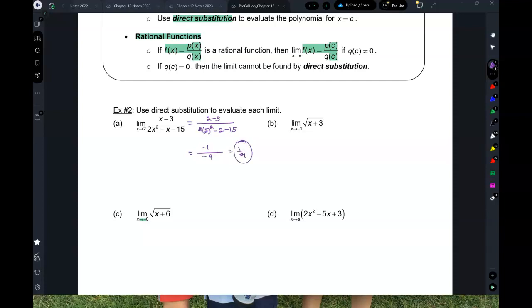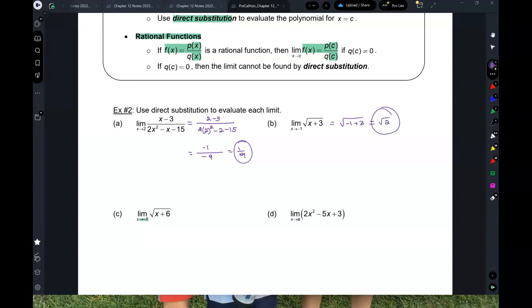And sure enough, just like when we did number 41 on the homework, you'll see that this will level off, or approach, 1 over 9. This one here is technically not a polynomial function, but it also works with direct substitution. So let's put negative 1 in there, and you're going to get the square root of negative 1 plus 3, root 2.